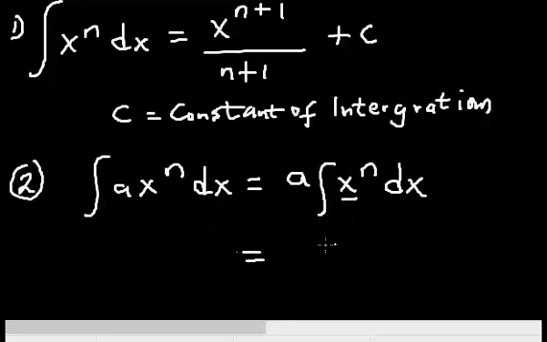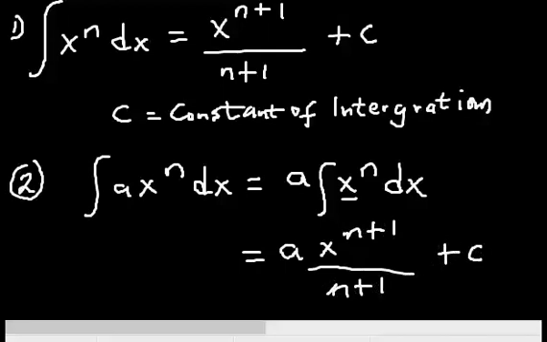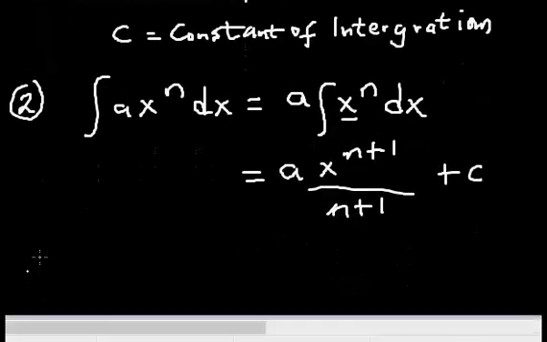So anytime a function has a coefficient, the coefficient always goes in front of the integral. Now we can integrate. This is going to be a times the integral of x to the power n, that is, x raised to the power n plus 1 divided by n plus 1. Then don't forget the c, the constant of integration. You can use c, you can use k, but you must include it. I hope that is well understood.